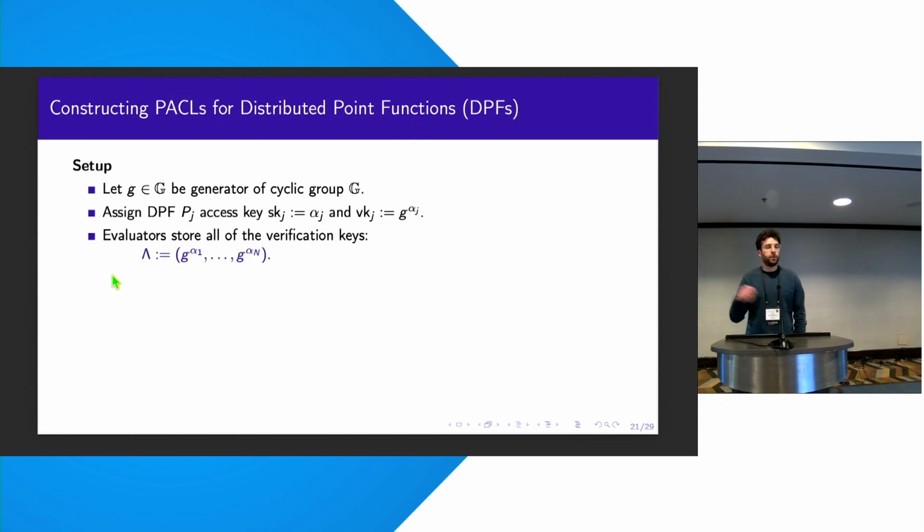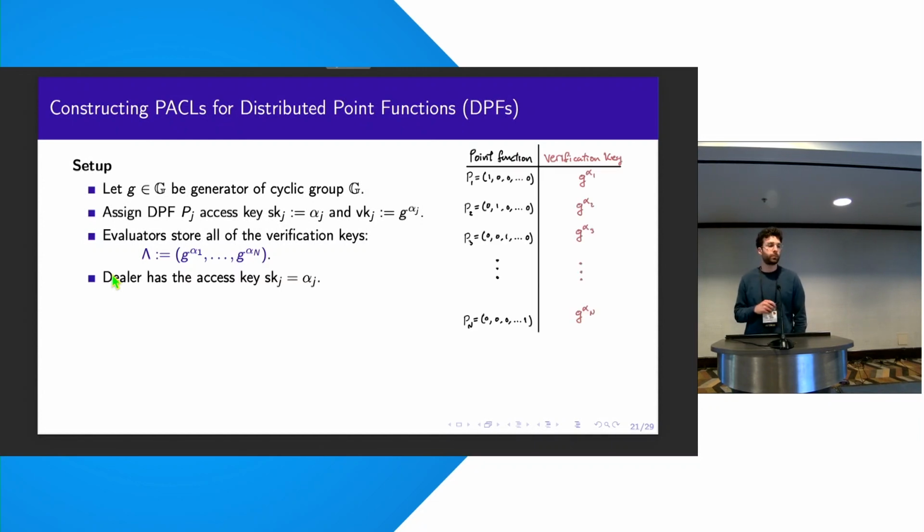So if you look at all the point functions in the family, you would have g to the alpha 1 all the way to g to the alpha n, where there are n point functions in the family of functions. And then a dealer that is authorized to share point function j will have access key sk j equal to alpha j. And so on the right here, you can see we have each point function and the associated verification key of that point function.